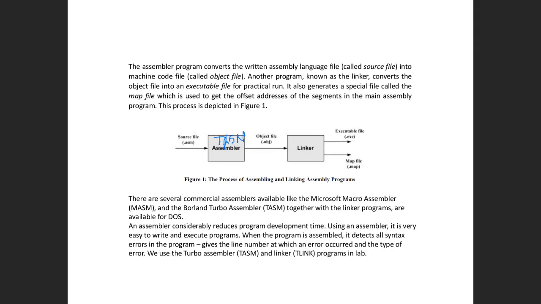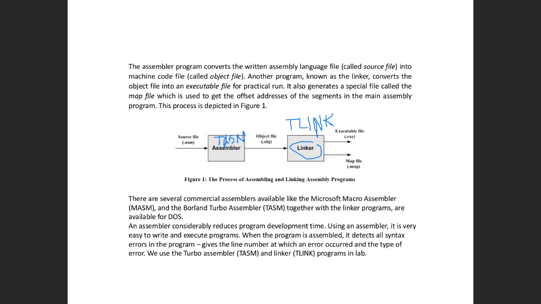Then we use a linker. What kind of linker do we use in the lab? TLINK. TLINK converts this object file into two more files. One is called the exe file and one is called the map file.